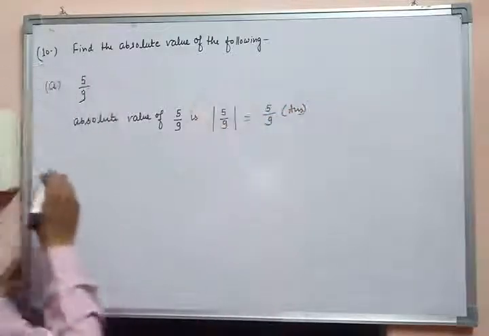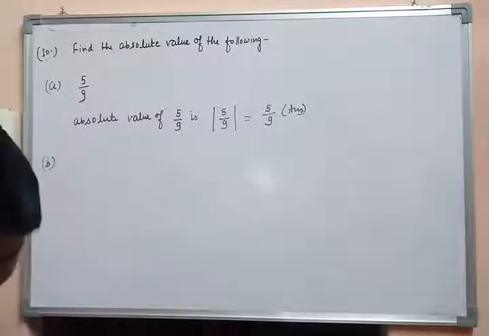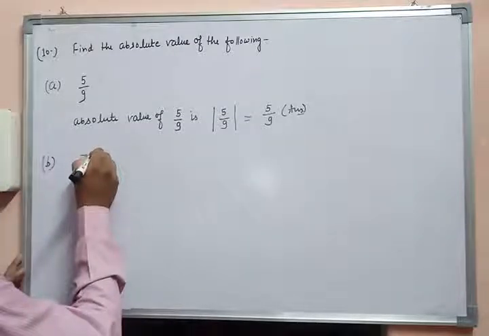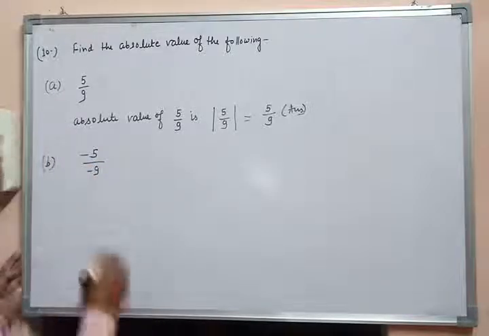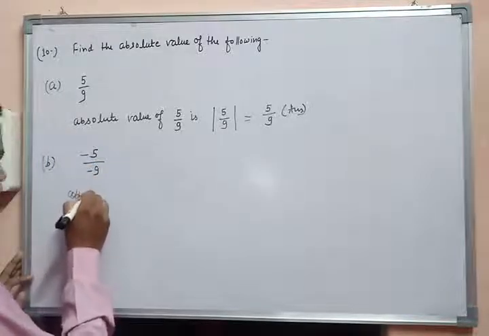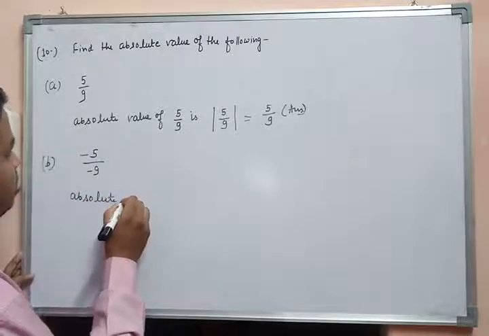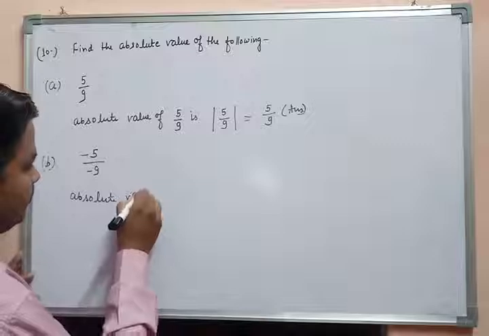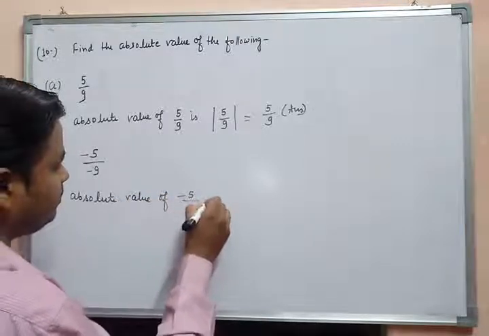Okay. In the same way, if you want to write the absolute value of -5 upon -9, the absolute value of -5 upon -9 is 5/9.